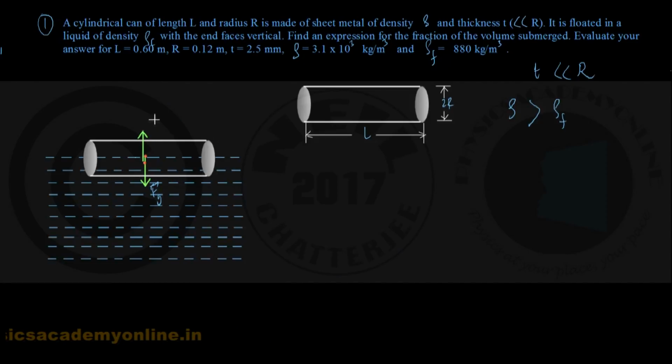Symbolically, this force is called Fb. Of course, if this cylinder is in floating condition, it means the net force acting on it is 0, and we can write down that the condition of flotation is Fg equal to Fb.